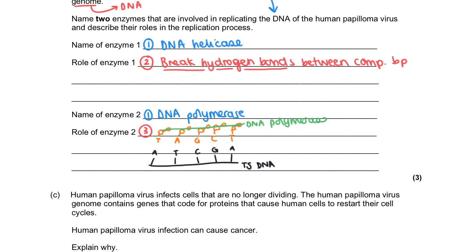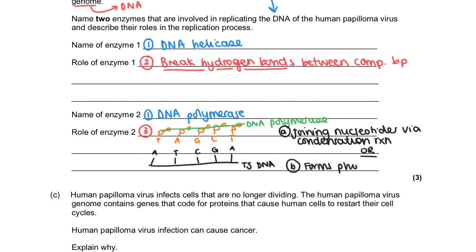And so for this mark, you need to say that DNA polymerase helps either, and I'm going to put both marks here, joining nucleotides via a condensation reaction, or you could have said that it forms phosphodiester bonds.